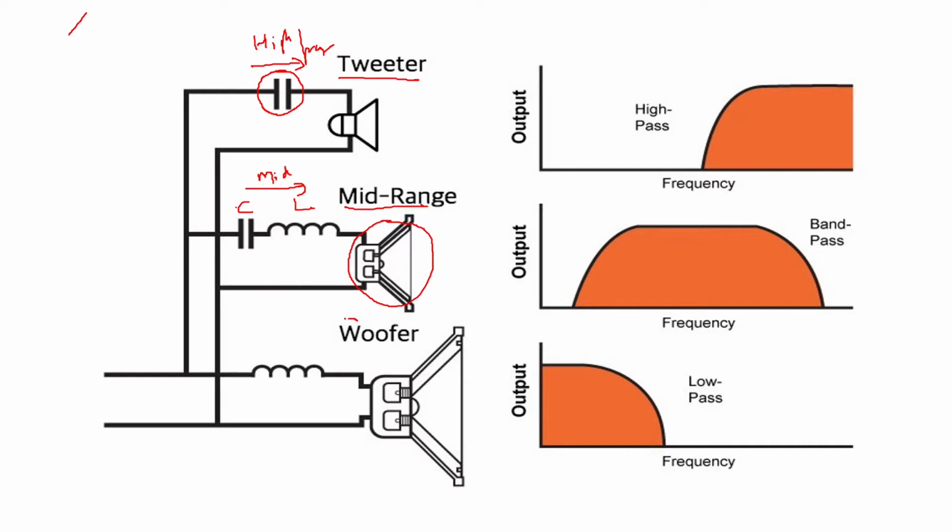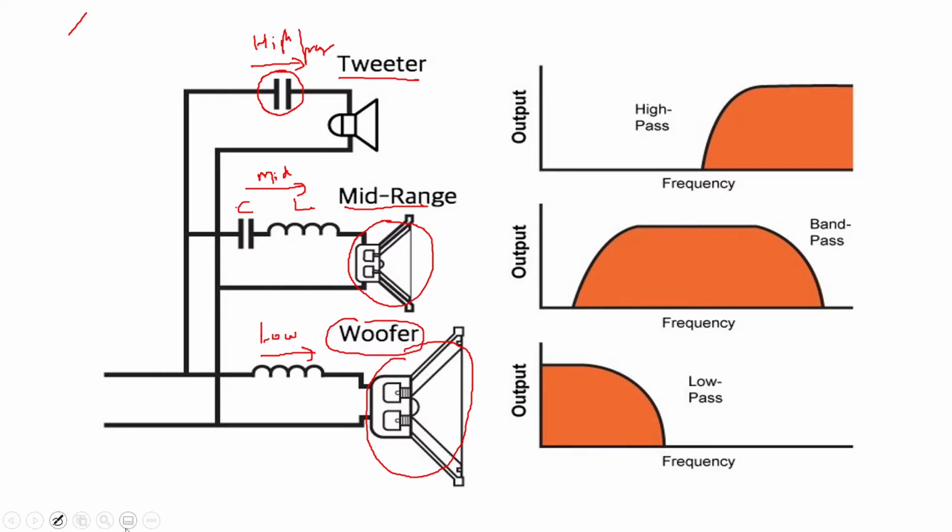Then you have a woofer here, which will be larger in size. Okay, and it will be handling very low frequency. So this is an inductor here, which will block high frequency and pass very low frequency. So here very low frequency are passed. Okay.